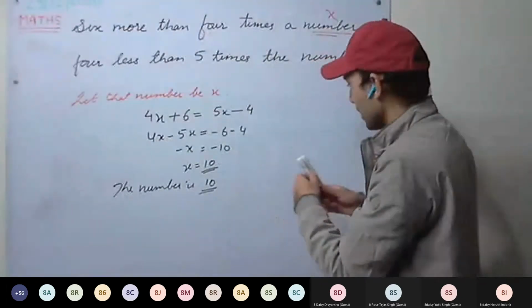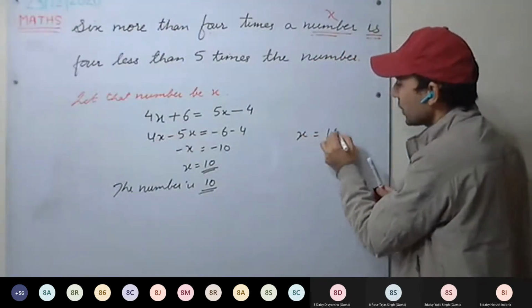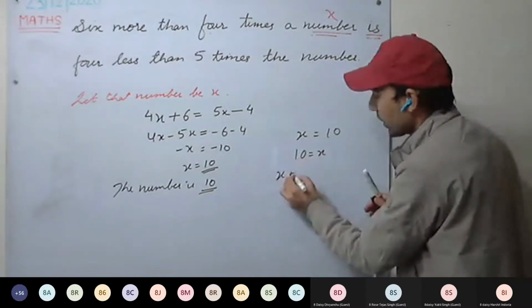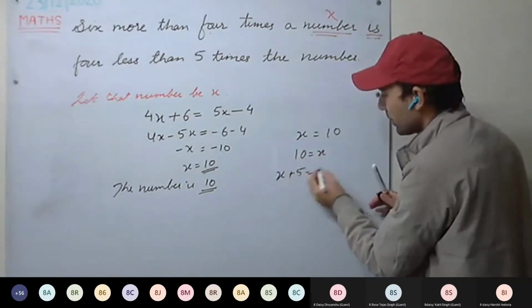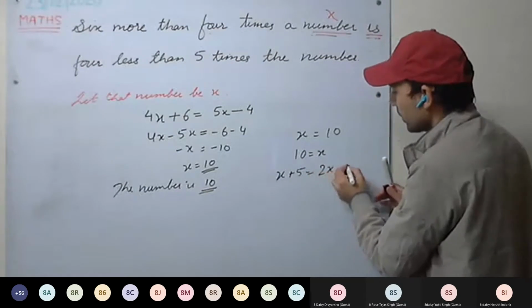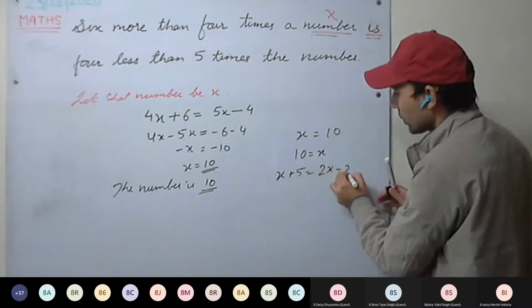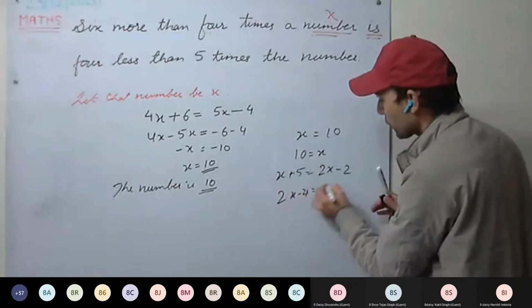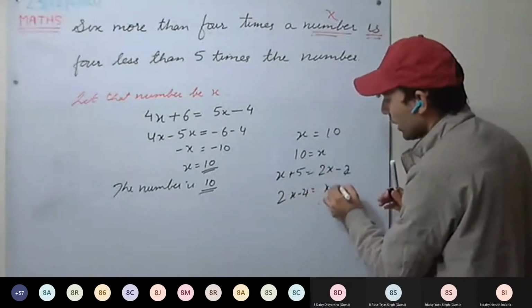Doesn't matter. Does it matter if we write x equal to 10 or 10 equal to x, or x plus 5 equal to 2x minus 2, or 2x minus 2 minus 4 equal to x plus 5?